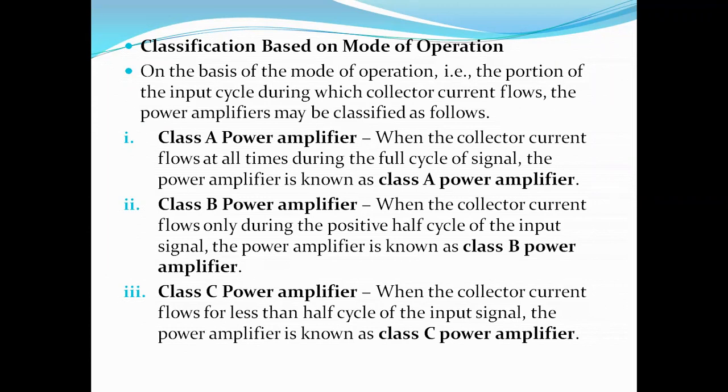The transistor conducts only 180 degrees, and for the remaining 180 degrees the transistor is in off condition. Because of that, we get a 180 degrees output. Those type of amplifiers are called class B power amplifiers.